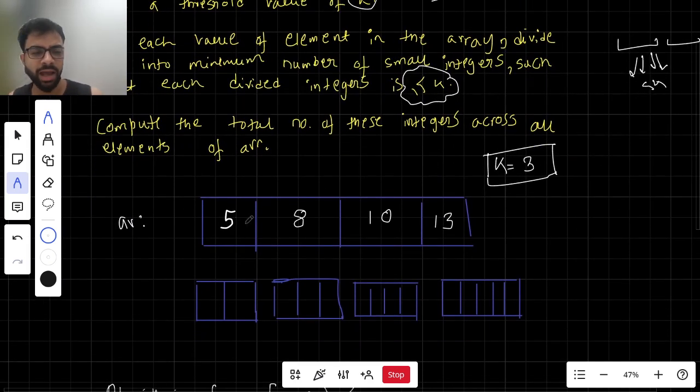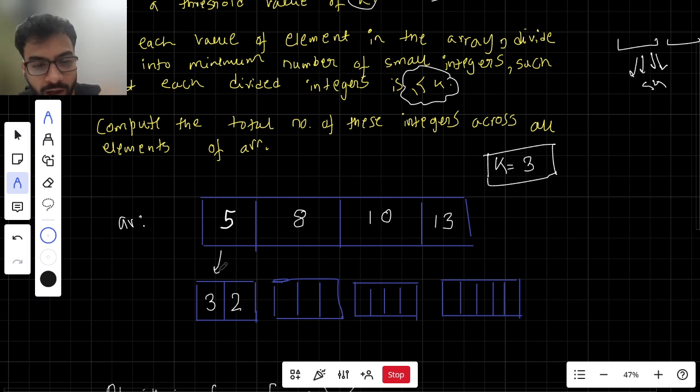So 5 can be divided into what values when k is 3? First let us take a larger value. We can take 3 straight away. And what other value will I need to make this 5? 2.